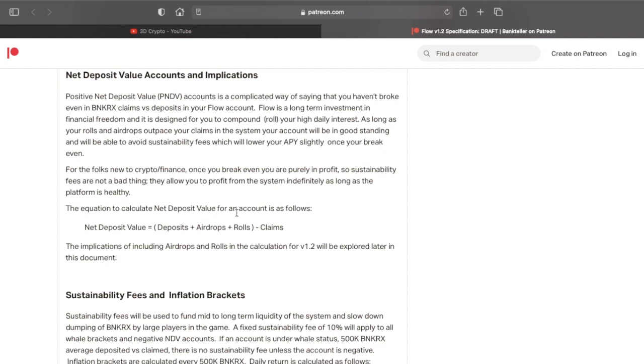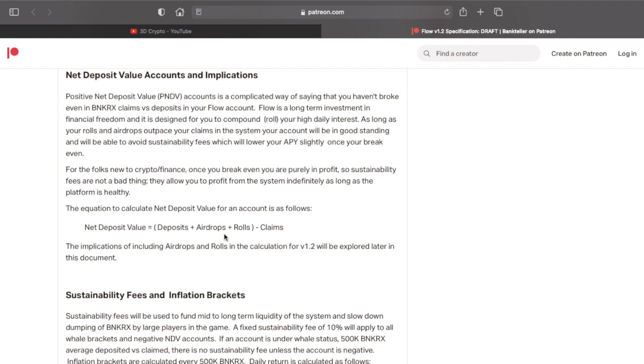But in the future for Flow version 1.2, it seems as though if you are in a net negative state, you can feasibly get to a net positive state by doing airdrops and by rolling. While in Flow version 1, the only way to get net positive was to introduce fresh BNKRX.